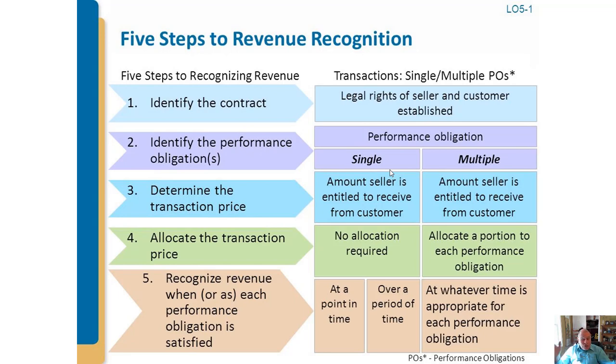No allocation is required if it's a single obligation transaction. If it's multiple, we have to allocate a portion to each performance obligation. Then we have to determine from a revenue recognition standpoint when that performance obligation is satisfied. So we recognize revenue when the performance obligation is satisfied.